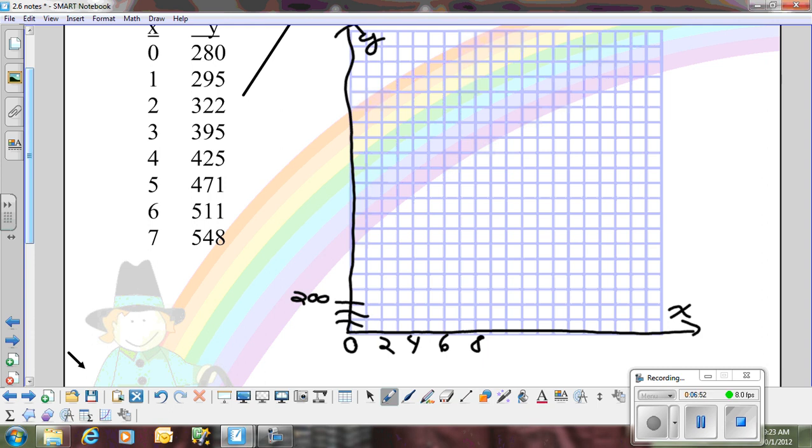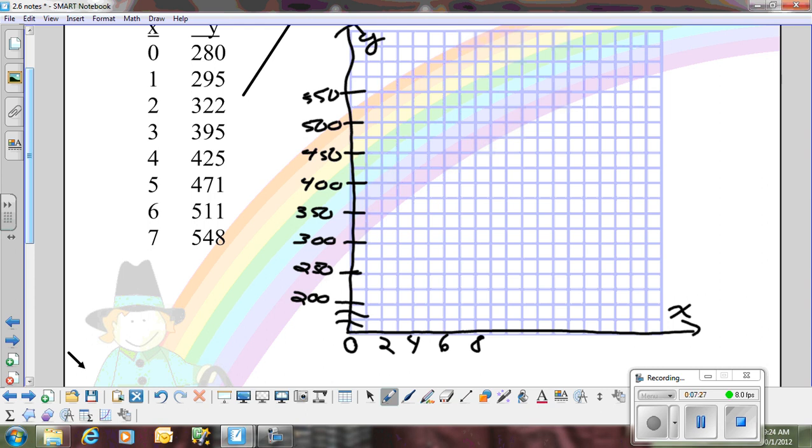Each little square is 25. So that means if I skip one here, this will be 250. This one will be 300. That'll be 350. 400. 450. 500. 550. That's enough. Okay, how did I figure out what kind of a scale to use?